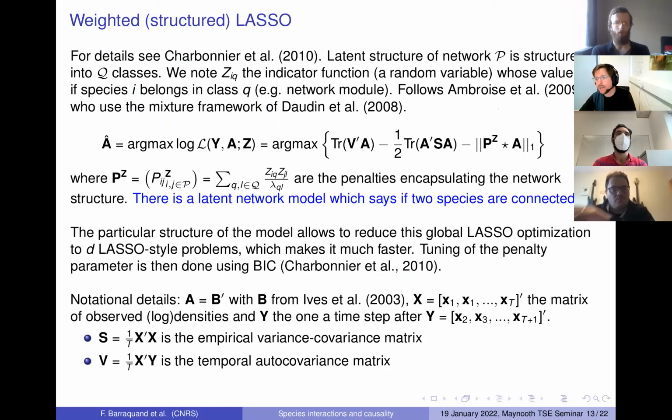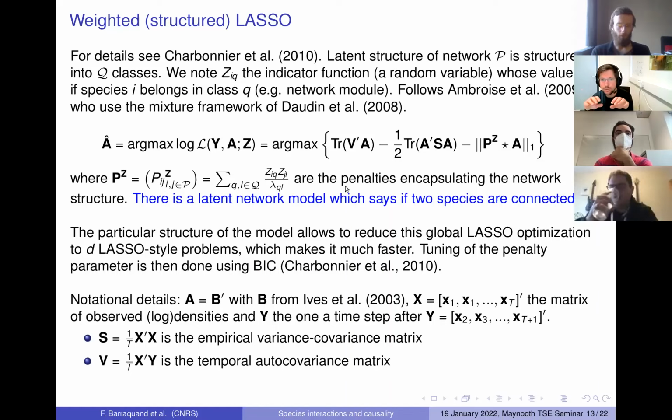This is highly technical, and for the details, I refer you to this very nice paper by Camille Charbonnier, but I just pop up the equation so that you know what's in there. For those who know the LASSO, you have the classical least squares there, and the penalty that is used is structured by classes.